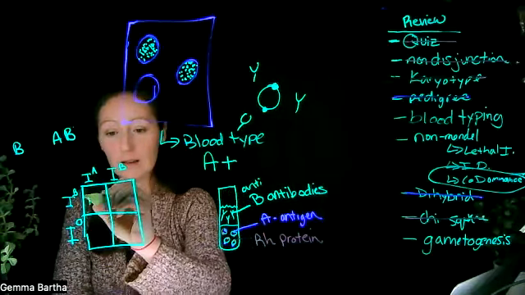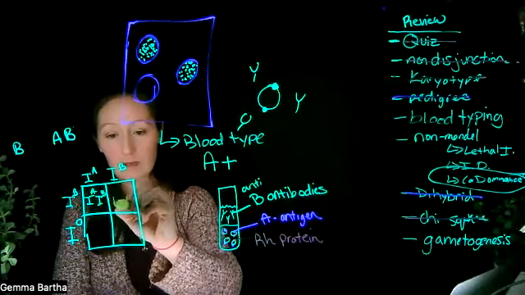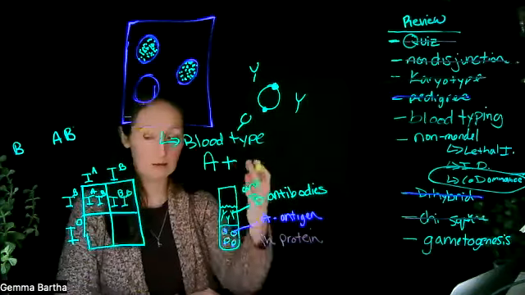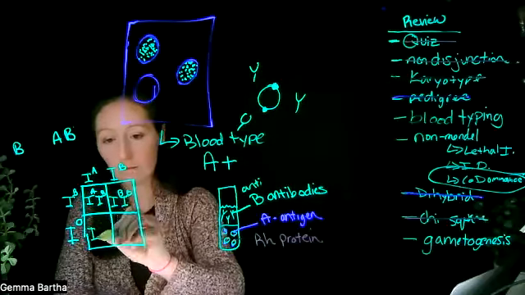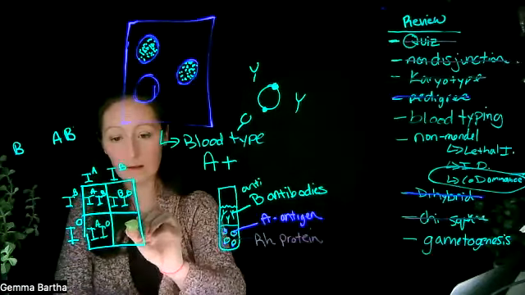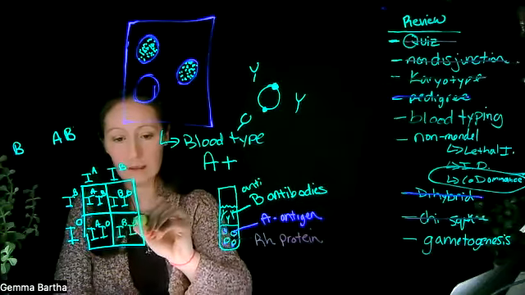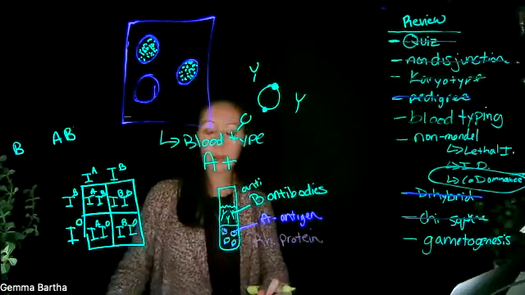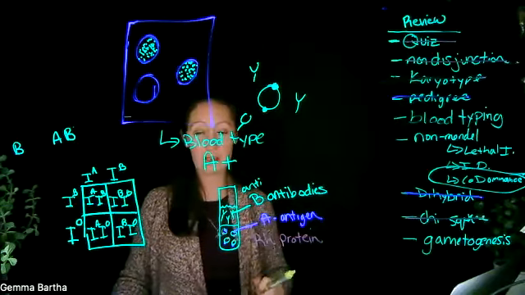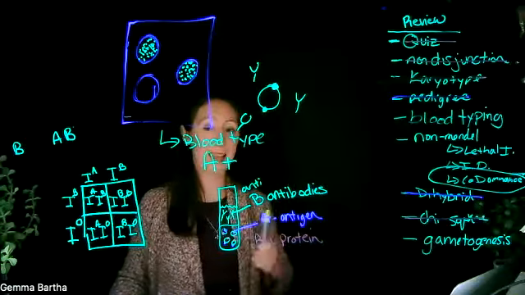Now for this one here, you're going to have a type AB, a type BB, which would just be type B blood, type A, or type B. So this one here, you have a 50% chance of having type B blood, a 25% chance of type A blood, and a 25% chance of type AB blood.